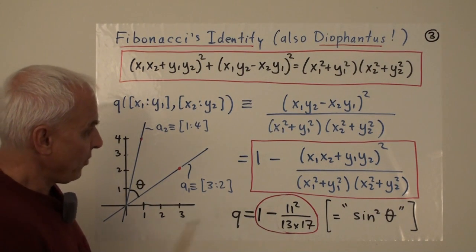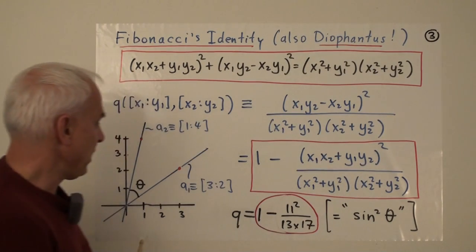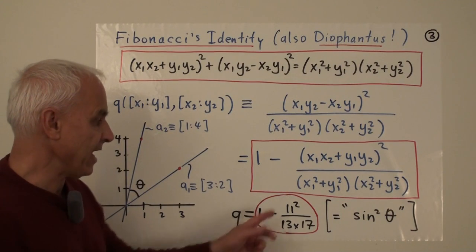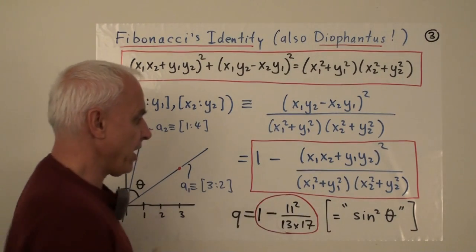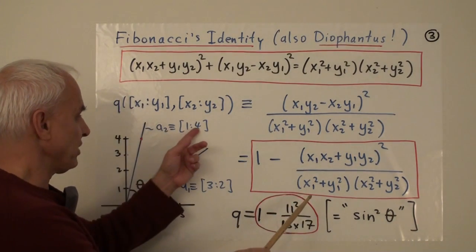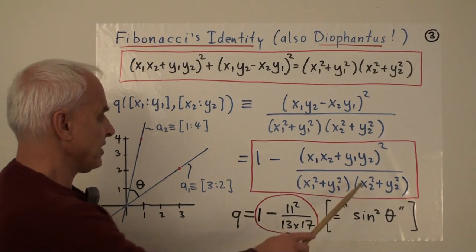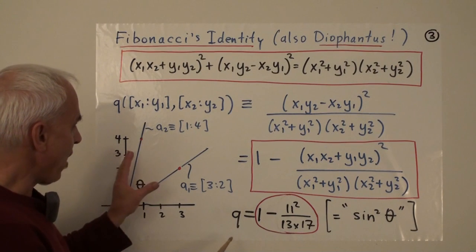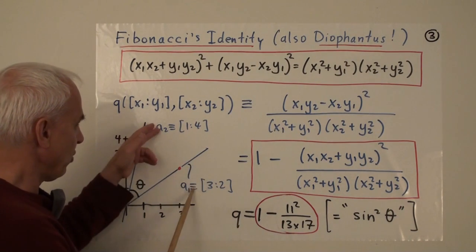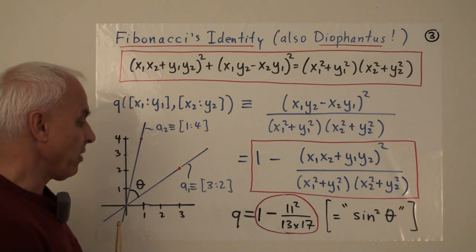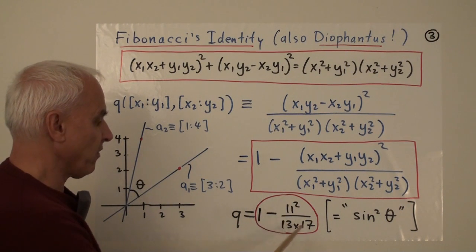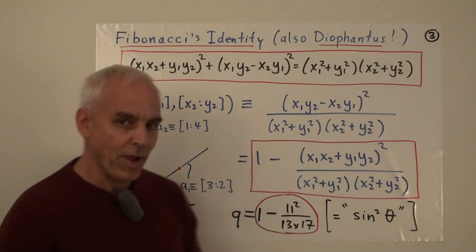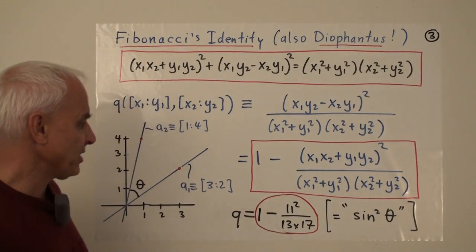Then this thing here would be 1 times 3 plus 4 times 2, that's 11. So there'd be an 11 squared here, and then the sum of the squares here would be 17, and the sum of the squares here would be 13. So another form for the quadrance between these two projective one-points would be 1 minus 11 squared over 13 times 17.